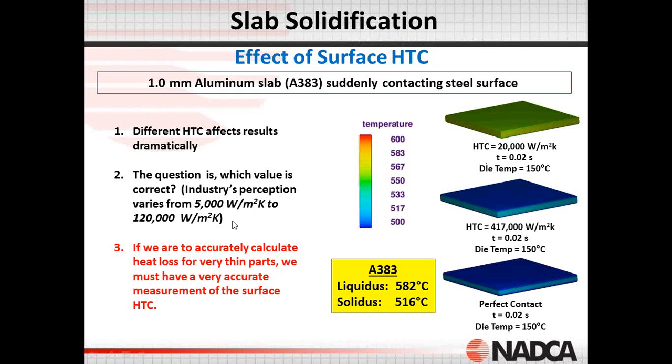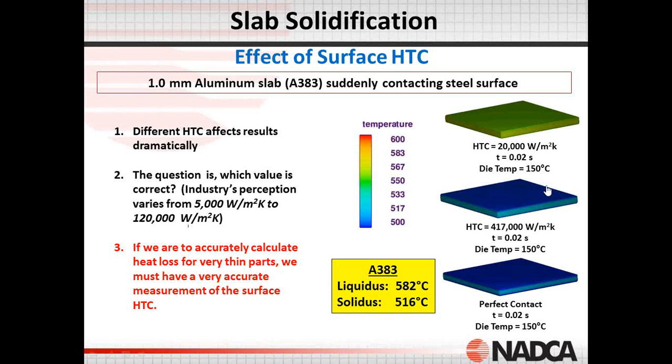And if we look at the perception of what this heat transfer coefficient is in the high pressure die casting industry, we can see references from a value of about 5,000 to about 120,000 watts per meter squared K. So there's a wide variation of what we believe this number is.